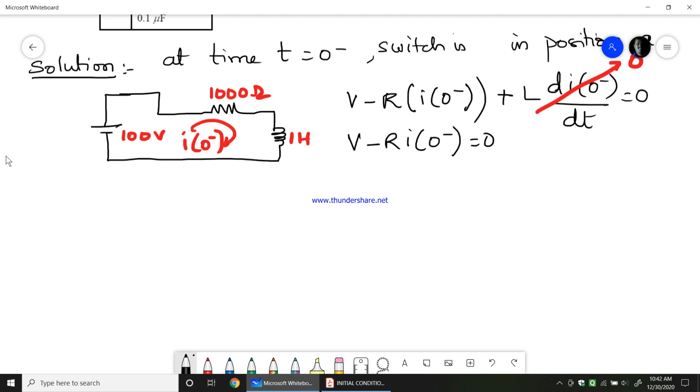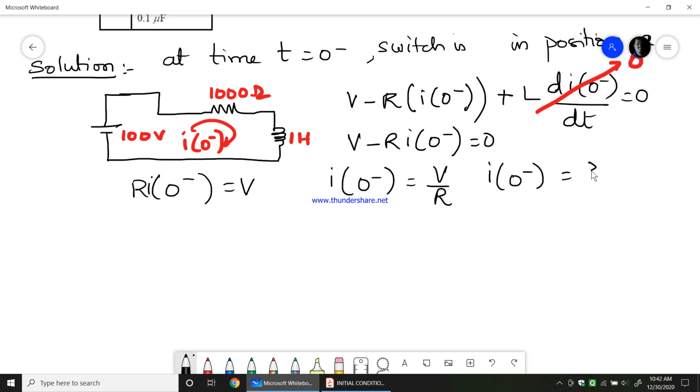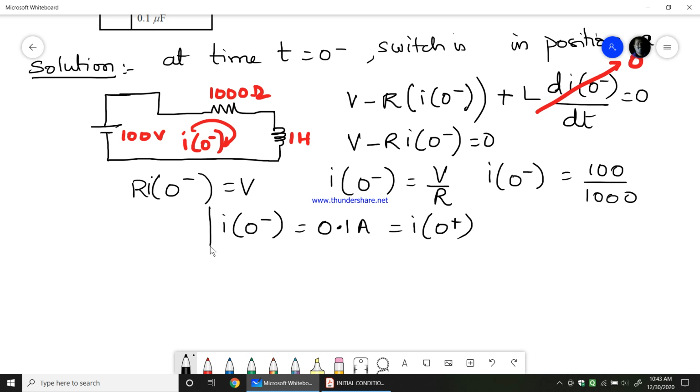Therefore, R into I(0-) equals V, so I(0-) equals V by R, which is 100 by 1000. Finally, I(0-) equals 0.1 amps, and this is equal to I(0+). As we see, I(0-) equals I(0+), which we have seen earlier in the discussion. So I(0-) equals I(0+), which is equal to 0.1 amps.